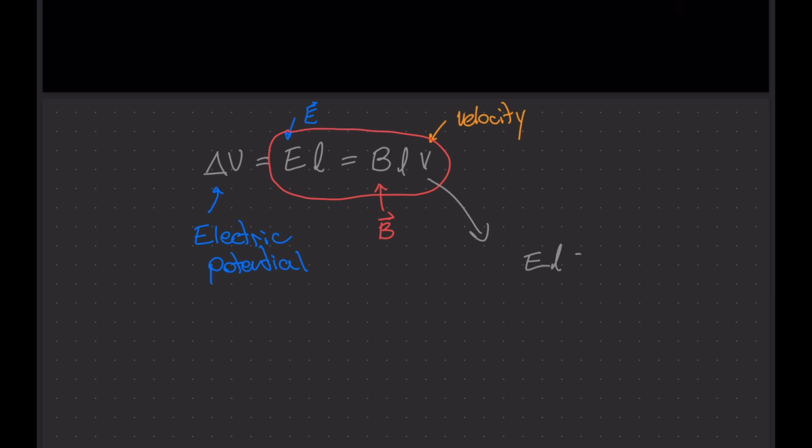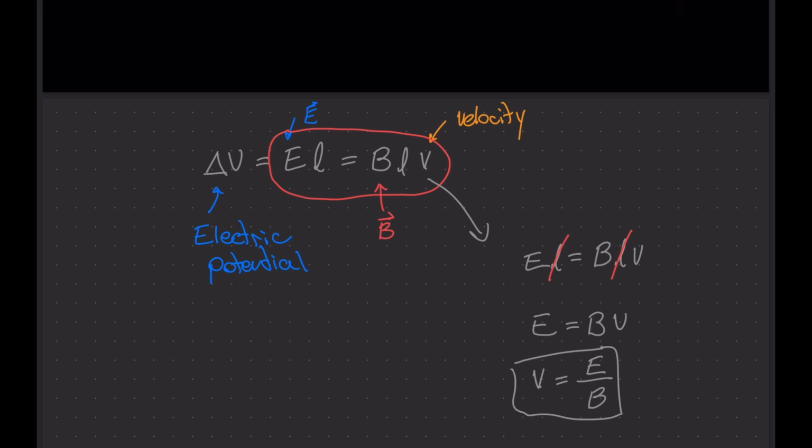We got EL equals BLV. You can see L here is the same thing, the length. I haven't really talked about that yet. But if you cancel these, you get E is equal to BV. And if you solve for V over here, you get the equation that we calculated in the velocity selector.